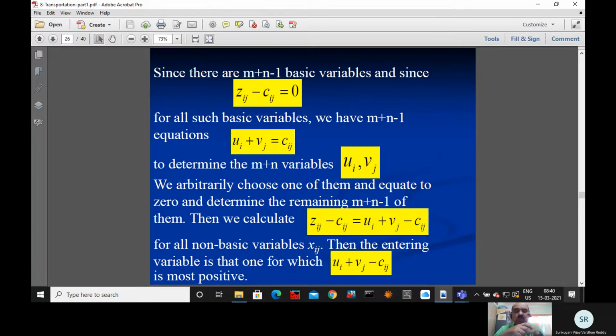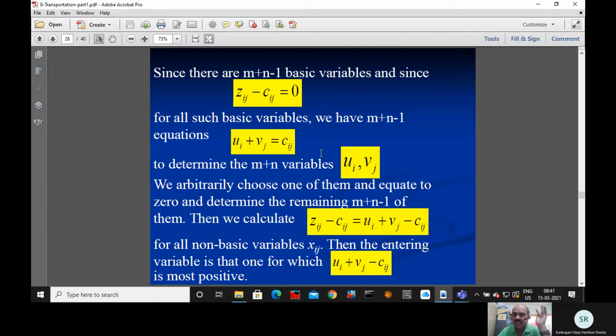With respect to these decision variables we have constraints. I have already told you that (ui plus vj minus cij) into xij equals 0.